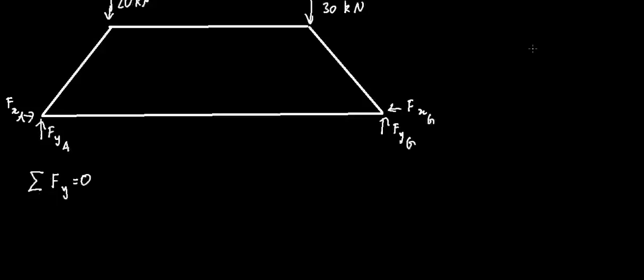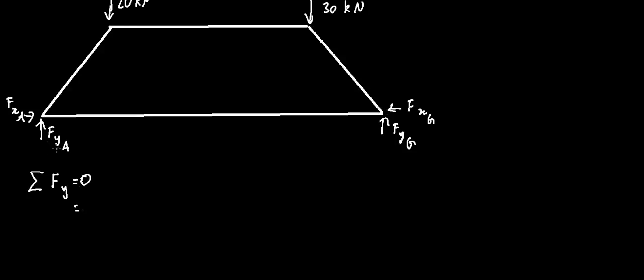So the sum of forces in the y-axis is 0. The forces in the y-axis are right underneath: we have Fya, we have 20, we have 30, and we have Fyg.